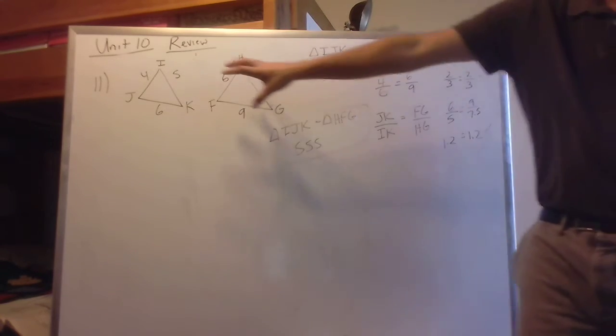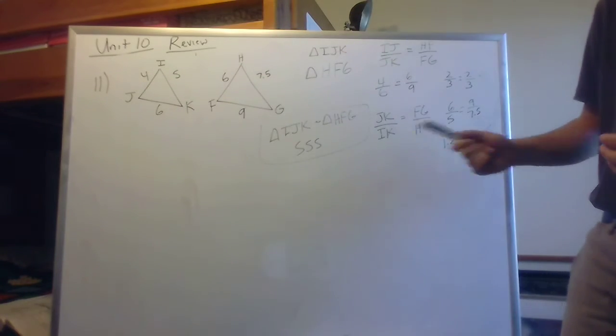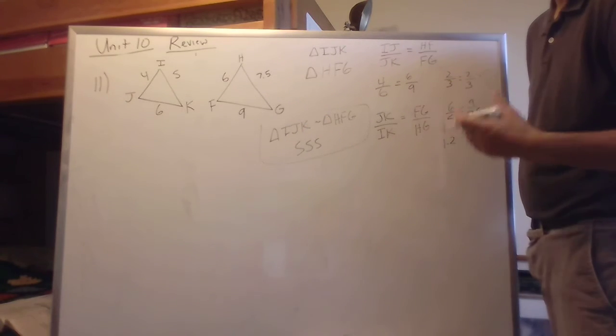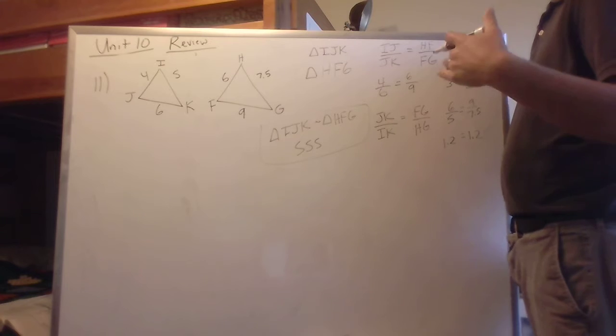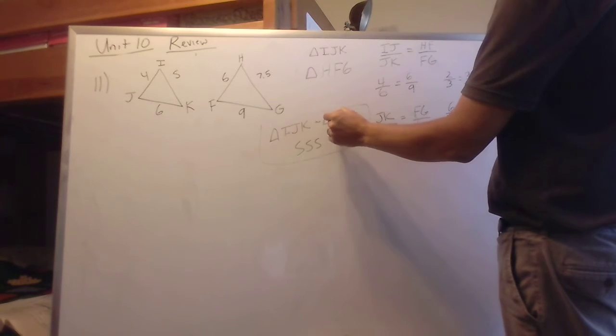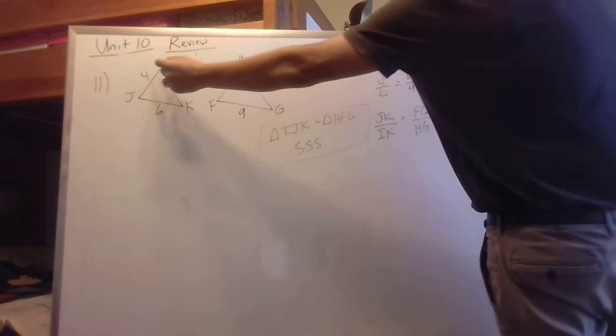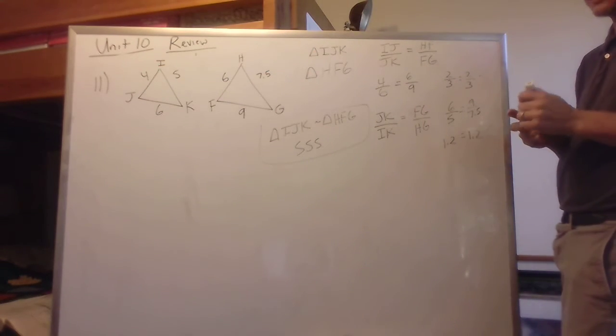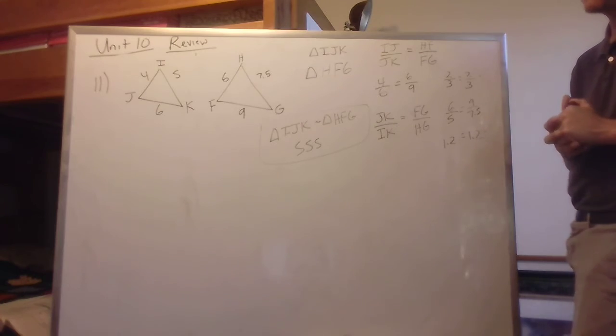Since the ratio of all of these sides of the triangles are the same, we can then write a similar statement that says triangle IJK is similar to triangle HFG, because all of the side ratios of the triangles are similar. So that is problem 11.